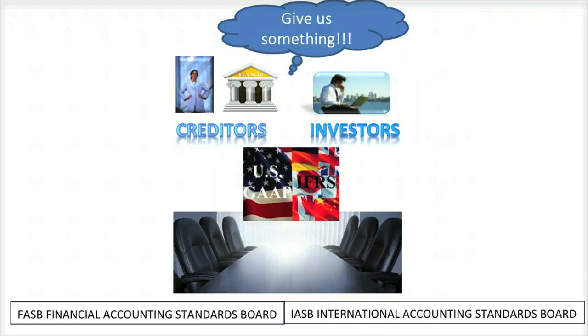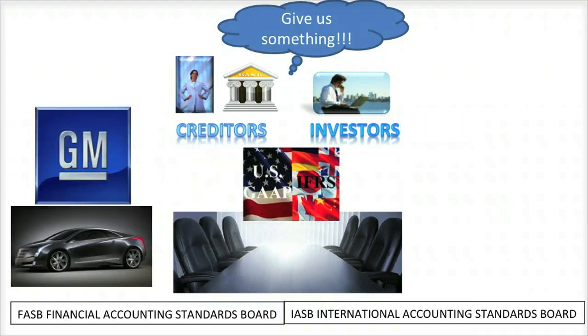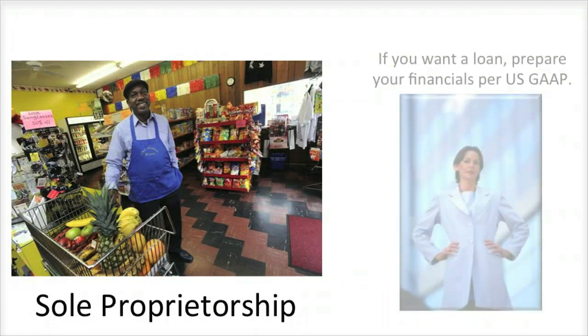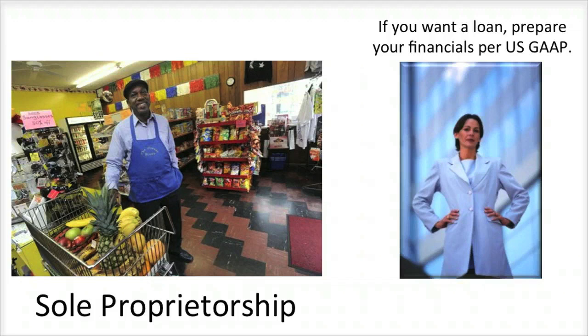Both US GAAP and IFRS are examples of sets of rules and principles that public companies follow depending on the country where the financial statements will be made public for external use. In addition, private companies can also be required to follow GAAP if they have a private creditor or investor that requires it.